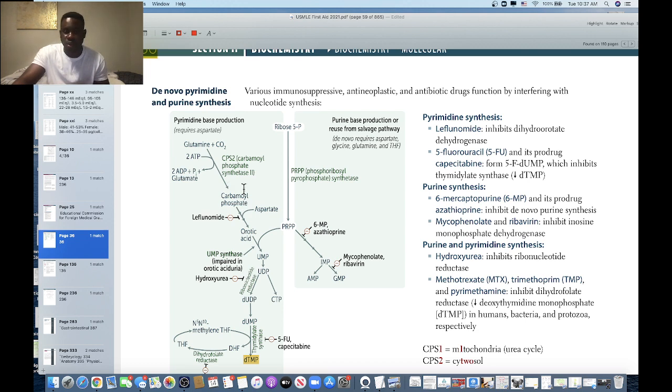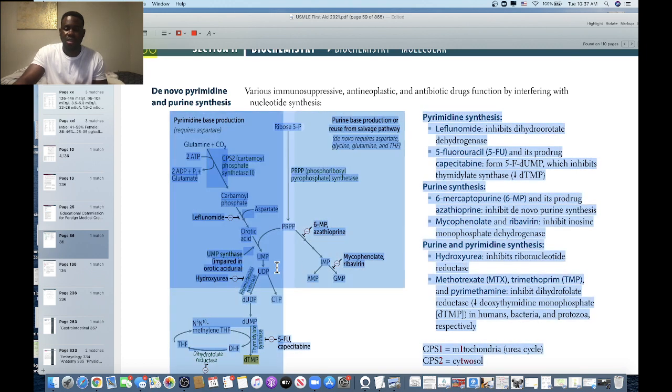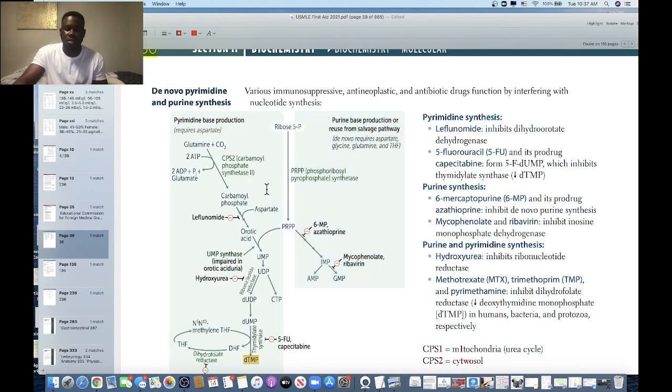It will be used in the pyrimidine pathway, because we said carbamyl phosphate will increase. That carbamyl phosphate will come here and then be converted into this orotic acid. And that is why they said orotic acid would be increased. So please take note. That is why it's like that.